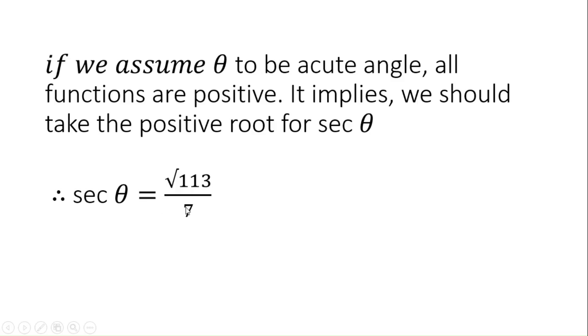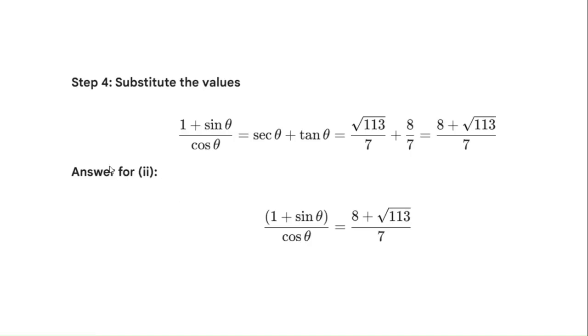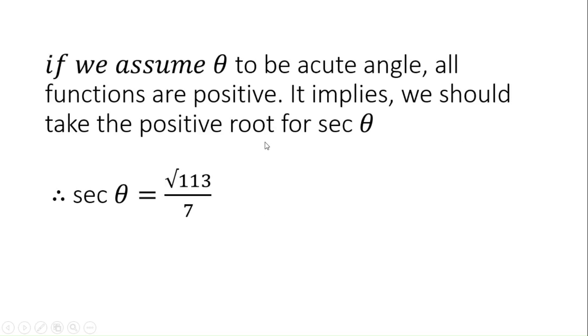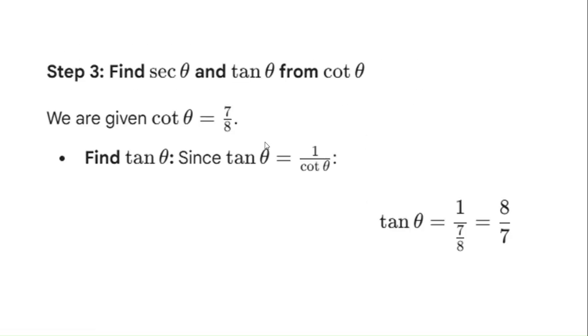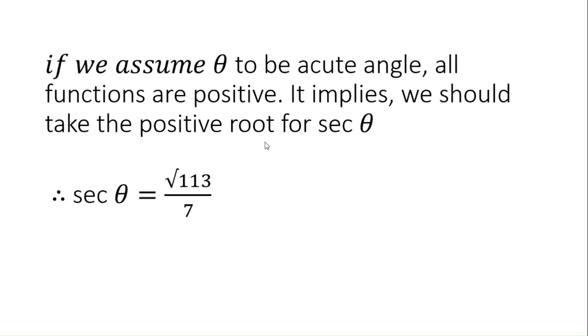Right, now we actually need to find 1 plus sin theta by cos theta. Yes or no? So (1 plus sin theta) by cos theta is nothing but secant theta plus tan theta. We have found the values of tan theta and secant theta. Tan theta is 8 by 7, which is 1 by cot theta, and secant theta is root of 113 by 7.